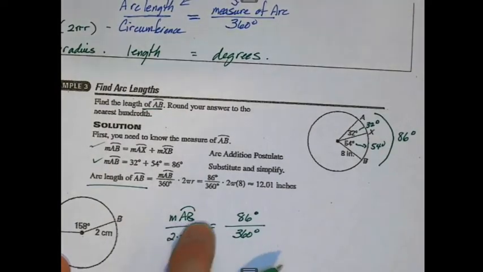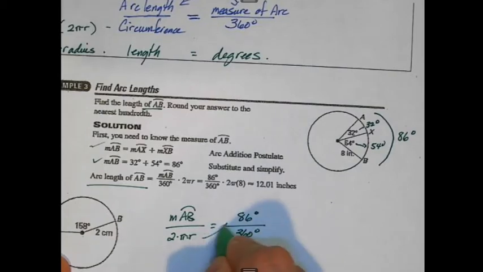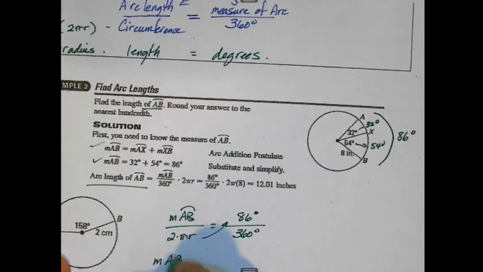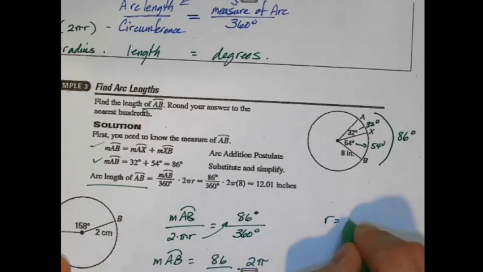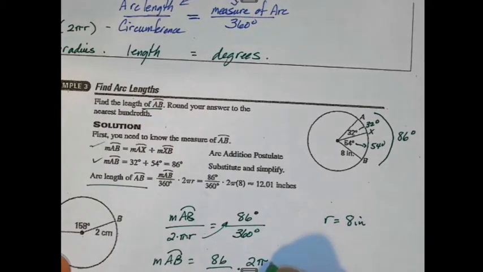If I cross multiply, I could just give that up to there, and the measure of arc AB is equal to 86 over 360 times 2 times pi, and my radius is 8 inches.